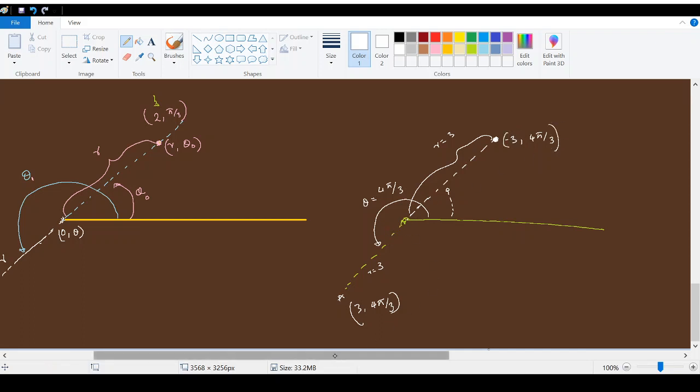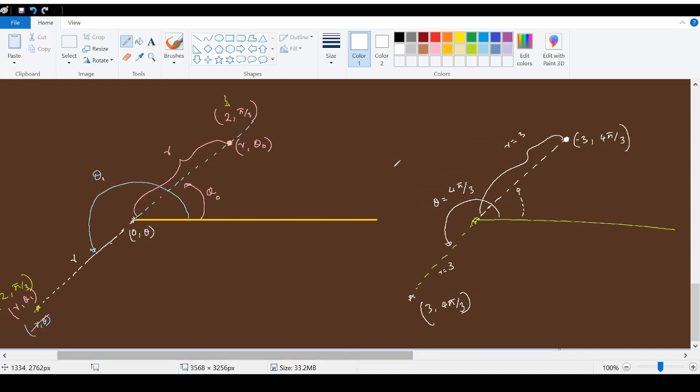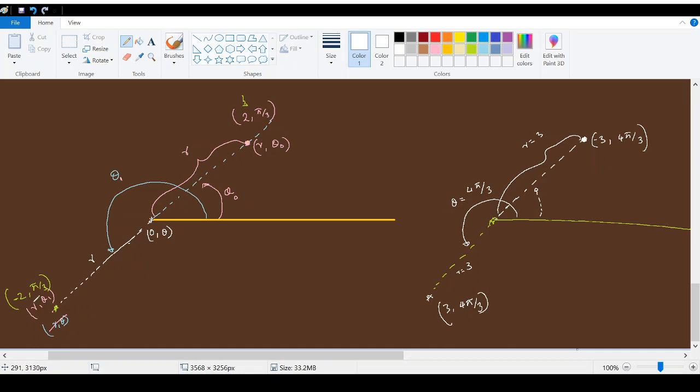Now you should not misunderstand this notation thinking that negative r values will only be on this side, right? That is not true. Negative r values can also take place in these places as well. It need not be below this straight line always.